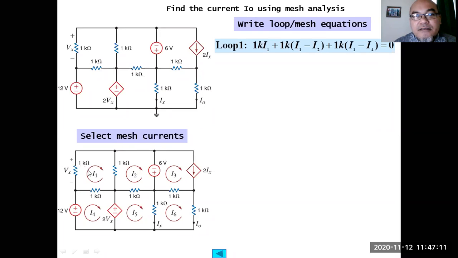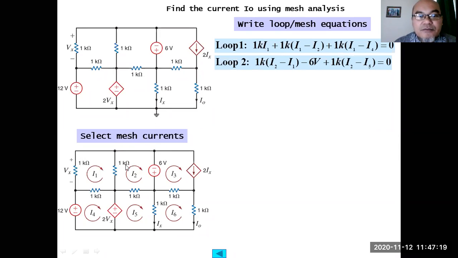1K times I1 here, plus 1K times (I1 minus I2), plus 1K times (I1 minus I4). In loop 2 here, 1K multiplied by (I2 minus I1), plus, or no, negative 6 volt, because it is voltage increase in the direction of the loop, plus 1K times (I2 minus I5).